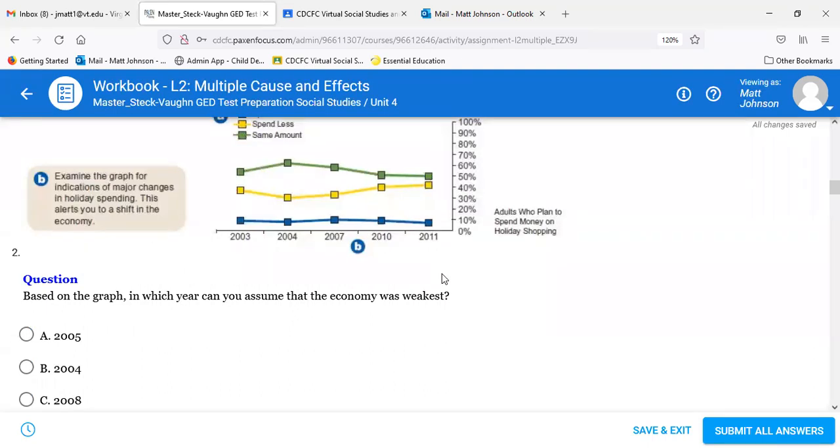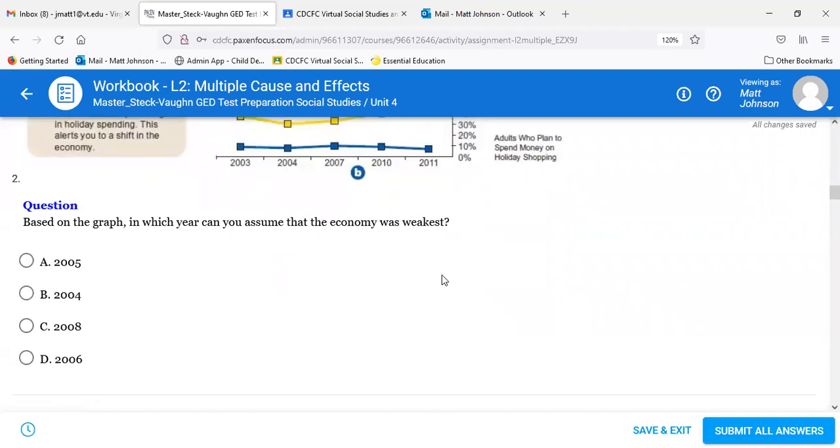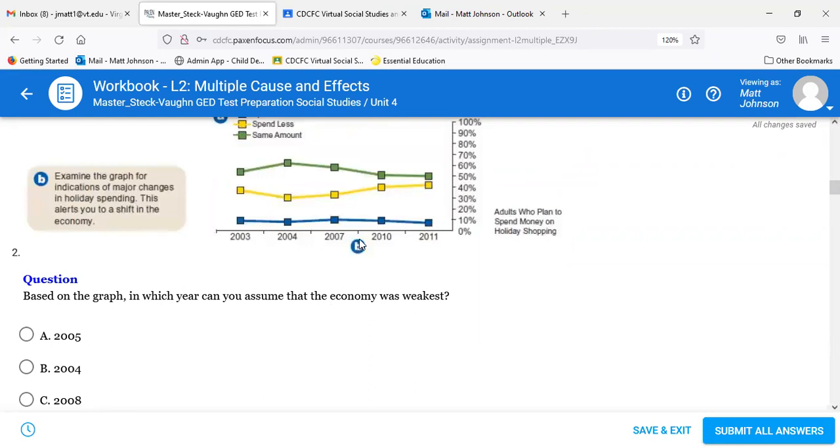2004, 2010, I don't know. Yeah, A, to sort of use the lines in between.